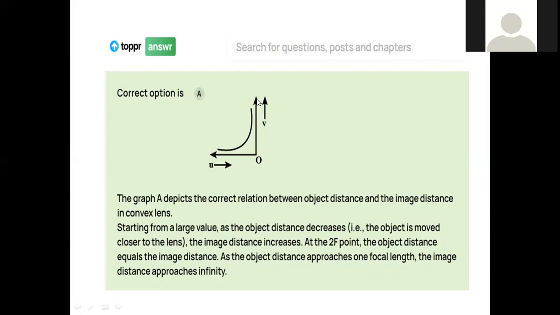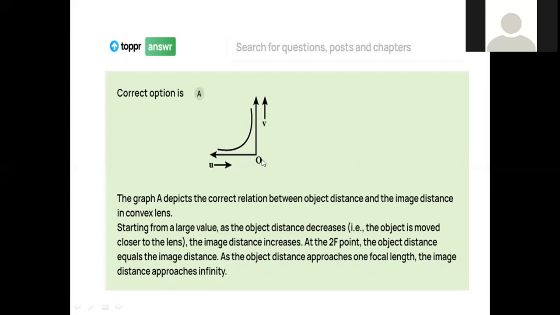This is denoted with this curvature, which is called a hyperbola. So as we are moving towards the origin point, what happens? There is a reciprocal increase. That means as we are decreasing the distance of the object, there is an exponential increase in the size of the image generated. That is clearly denoted in the graphical form.